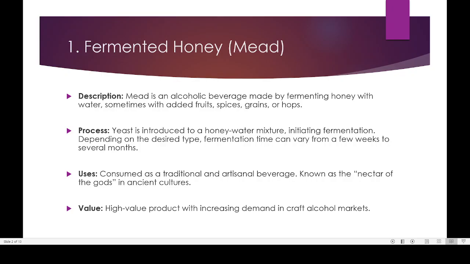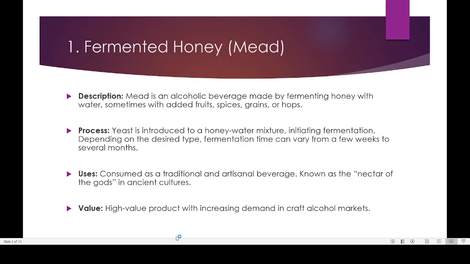Basically it is a type of alcohol, because when we add yeast to honey, it converts it into alcohol. Here you can see how fermented honey appears. It is a combination of honey and water into which we introduce yeast. The main purpose is to use it as an alcohol or a beverage.